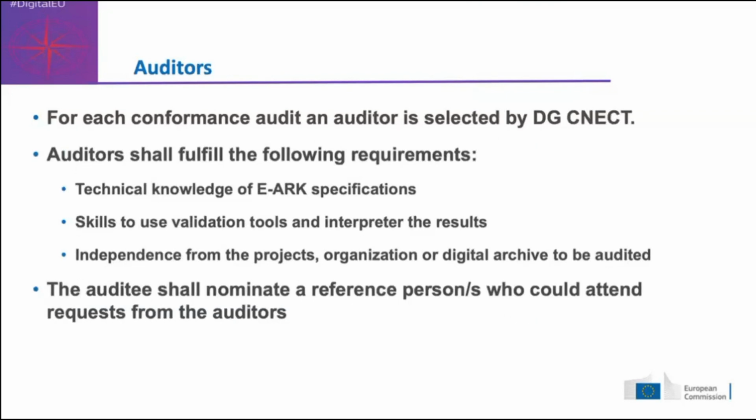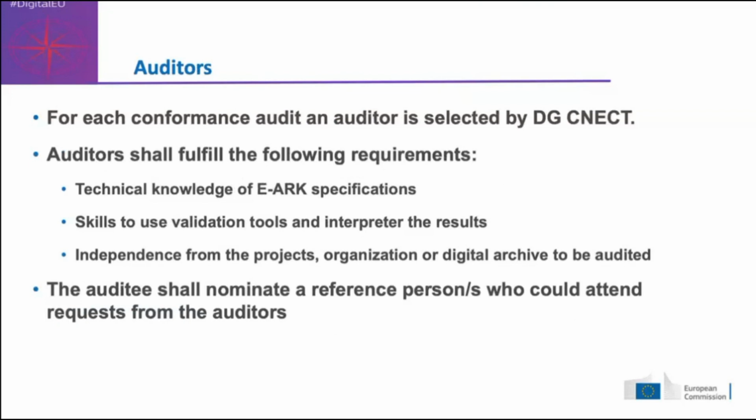So, the auditors. For each conformance audit, an auditor, or more auditors, is selected by DG Connect. Auditors fulfill certain requirements. They have the technical knowledge of eArchiving specifications. They have the skills to use the validation tools and can interpret the results.